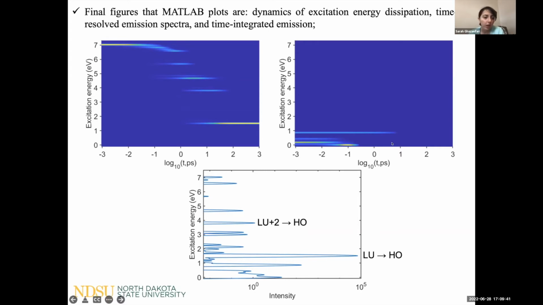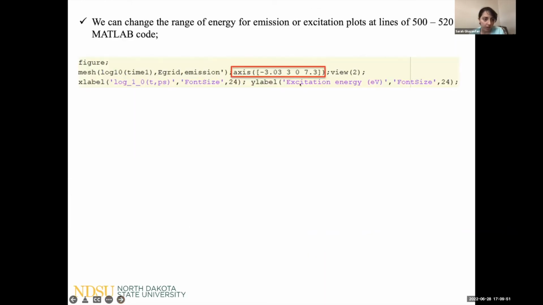Also we can modify this range of energy to our desired range very simply. We just need to modify this part of the Matlab code, the axis command, which tells it which range of x-axis and y-axis you are interested in.